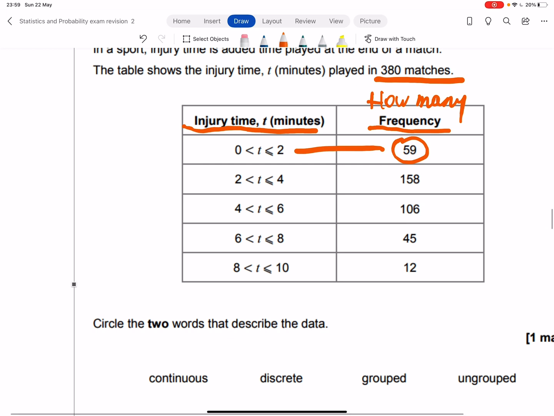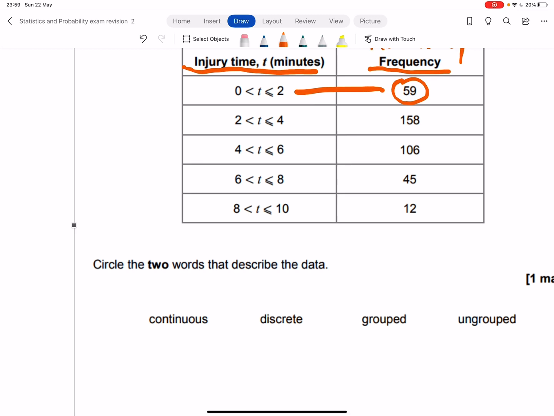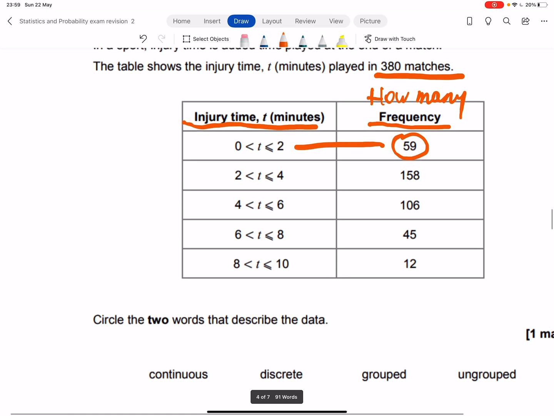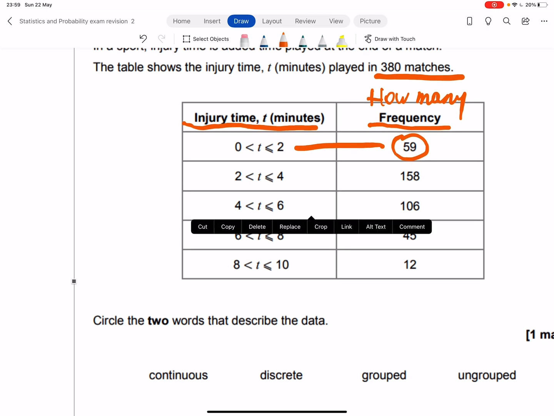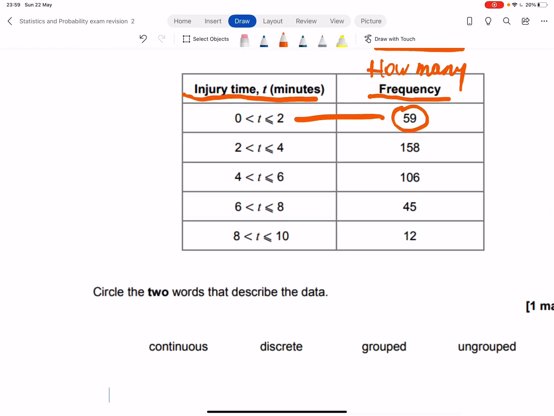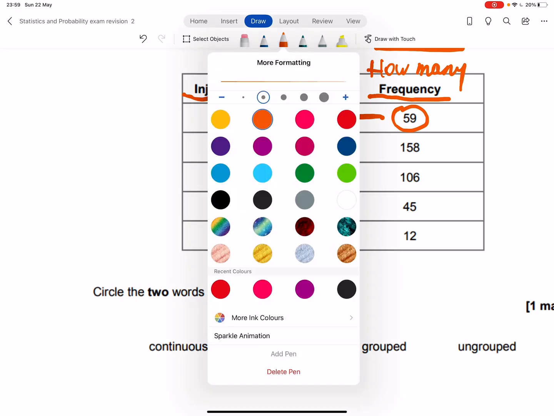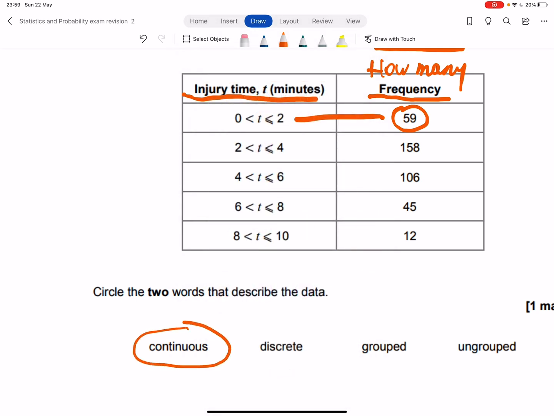So the first question asks you to circle the two words that describe the data. And what kind of data do we have here? Because we have data about injury time, which is measurable, we can measure it in minutes using a watch, this data is called continuous. So any measurable data is called continuous. For example, if you measure weight, capacity, distance, that's all measurable.